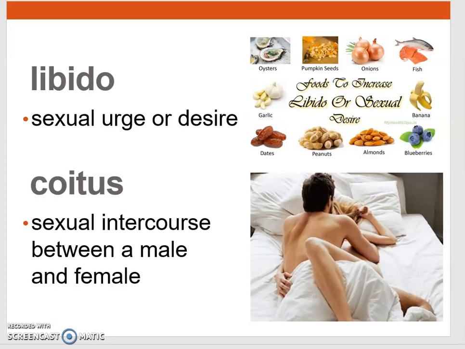These terms are pretty wide open, at least the first one: libido, sexual urge or desire. And that simply describes that. It's a different level for everyone. It kind of depends on all sorts of things that come into formation as an individual reaches sexual maturation. There are stories and myths that there are foods that will increase the libido or sexual desire. Some of them are listed here.